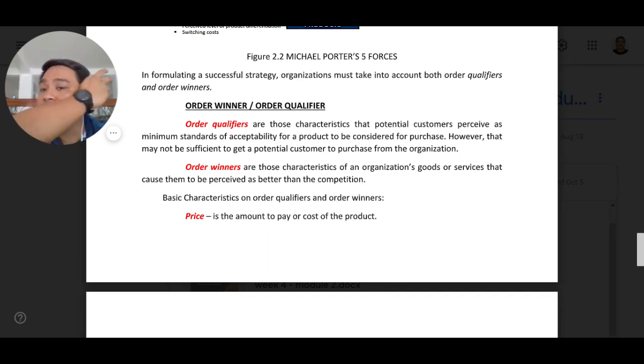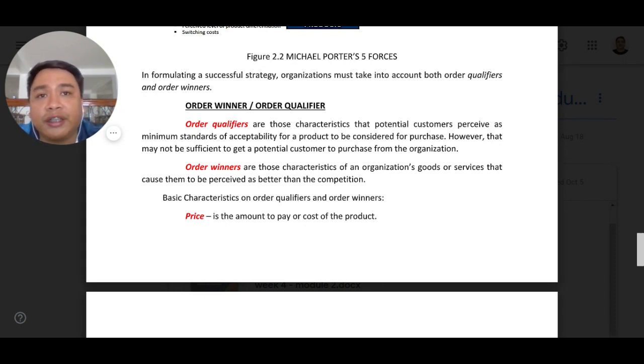Another example is yung ordering system ng Jollibee at McDonald's. When you go to both business establishments, when they take orders, commonly ang order qualifier doon, ang standard form of ordering system is you go in front of the POS, the point of sale, you take the orders.